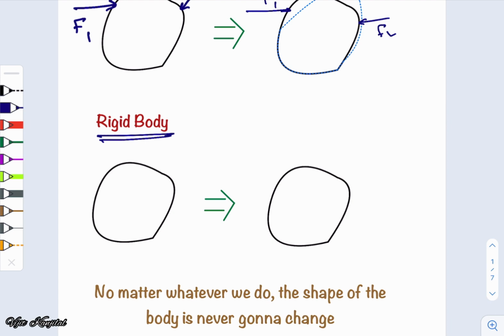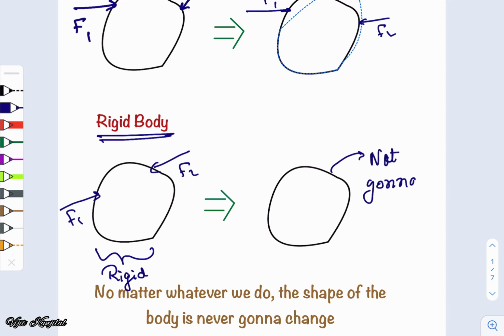So, if this particular body shown in this figure is rigid, and let's say we apply a force F1 and a force F2 to this body, no matter whatever be the magnitude of this force, no matter how large this force is, the shape of this body is not going to change.